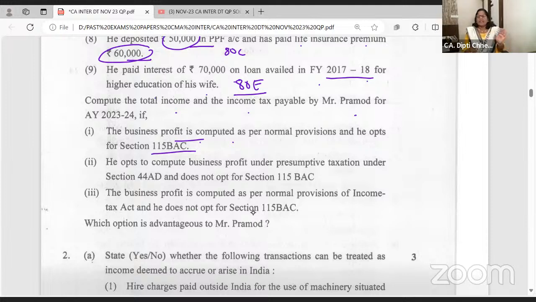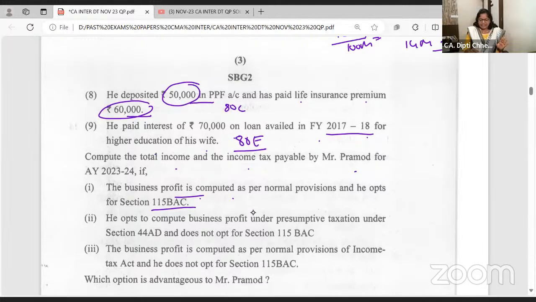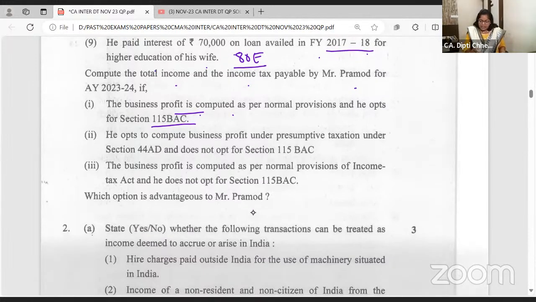In the new tax regime you don't get Chapter 6A deductions, 80C and all that, nothing will be available. Or option two: he opts for business profit under presumptive taxation 44AD and does not opt for 115BAC, meaning business is presumptive and everything else is normal. Option three: business profit is computed as per normal provisions and he does not opt for 115BAC. This is a routine problem, what we solve in the old tax regime. Those who are writing in May 24, now the new tax regime is the default. Which one is beneficial? So let us do all three.